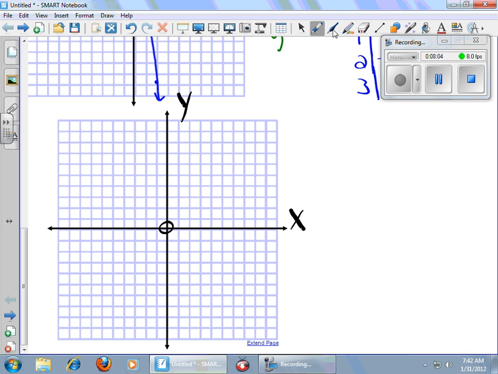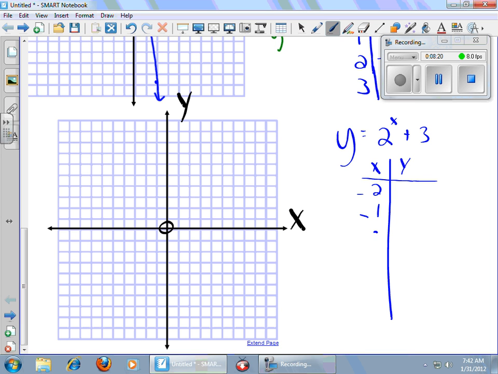Let's go with the equation y equals 2 to the power x plus 3. And we'll go negative 2, negative 1, 0, 1, 2.